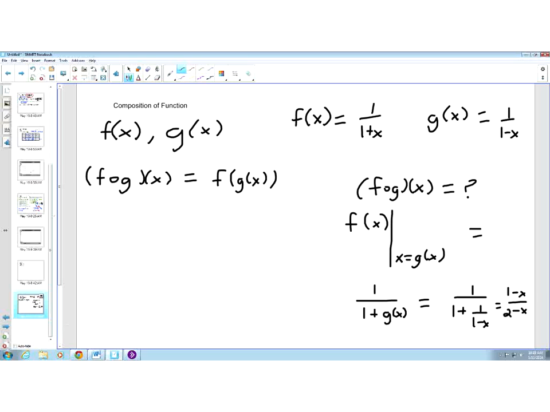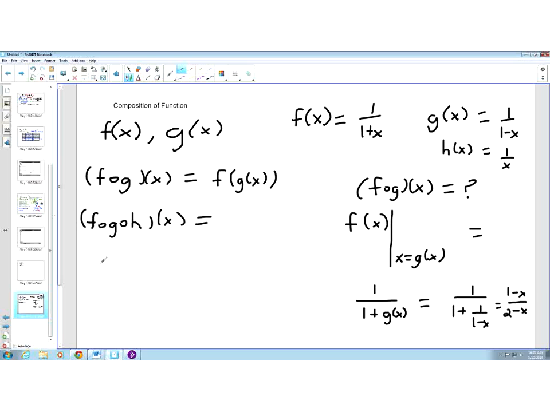Now, if I interjected a third function, say if I have h of x is equal to 1 over x, well, we can do a triple composition. That would be possible. So we could do f composed with g composed with h of x.